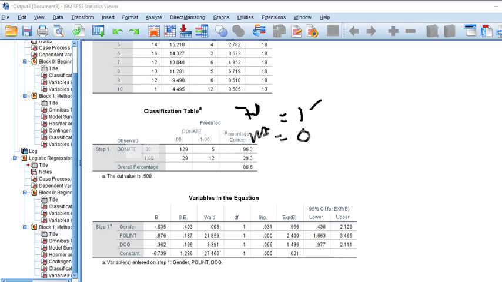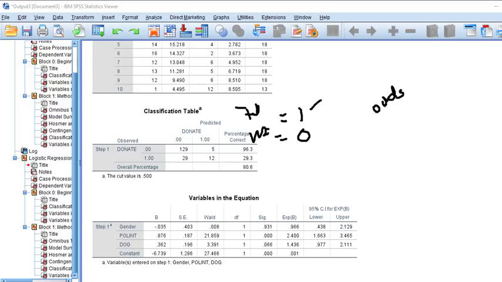Now, the way that we study the relationship between the predictors and our dependent variable is that we operate through intermediate concepts which are called odds and log odds. We can't really look at the relationship between our predictors and probabilities of falling into the target group because that's a nonlinear relationship.